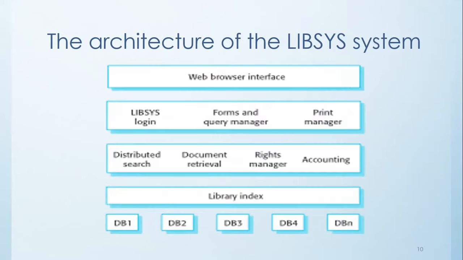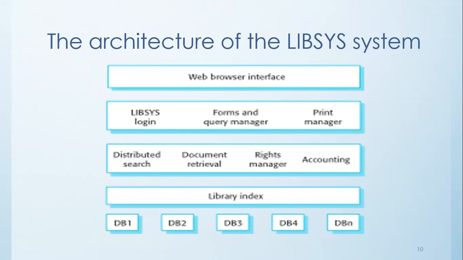So how can we modify this for a library system? You see on the top we have the user interface, which is the web browser interface. Then the layer below that we're talking about the login, the query manager, the print manager.